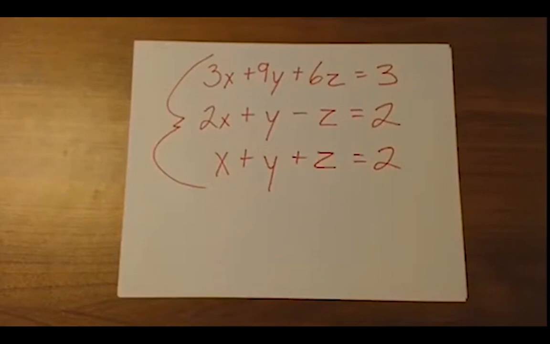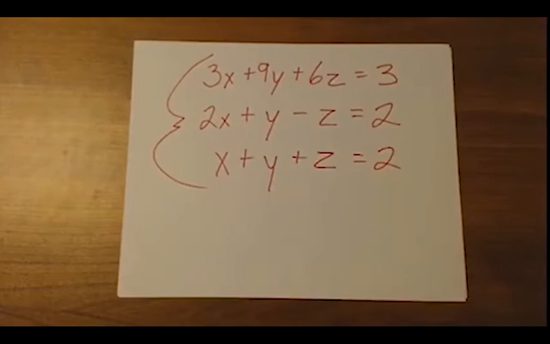So our steps here, we know how to solve things that have 2 variables. We know how to take 2 equations, 2 unknowns, and solve the system. So let's do that. We're going to take 2 equations. We're going to pick ones where it would be easy to just use our elimination method to get rid of one of the 3 variables.